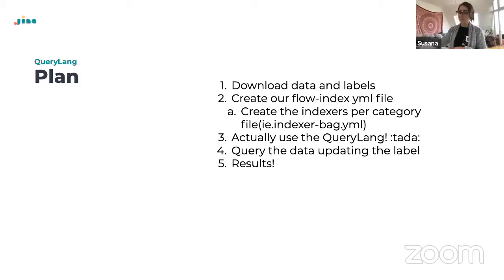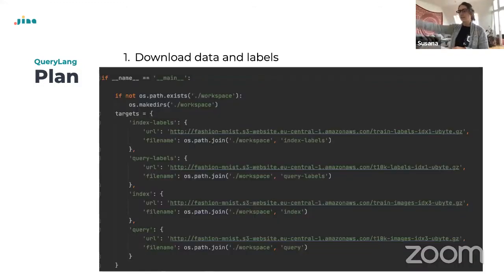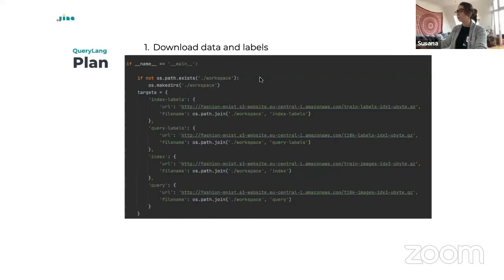In this case, we're going to modify that and also get the labels so they are matched together with the vector of the data. Then we're going to get our flow index, and then we're going to use the QueryLang. I'm also going to have some screenshots of the example in the slides, but now I'm going to switch to show you the code.